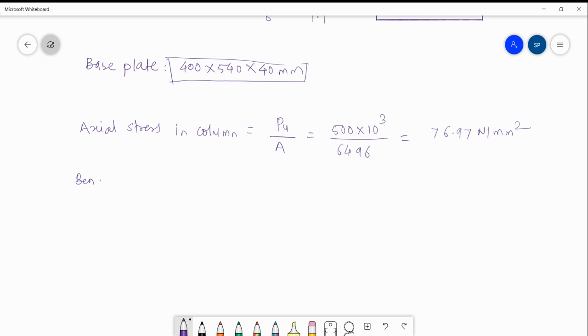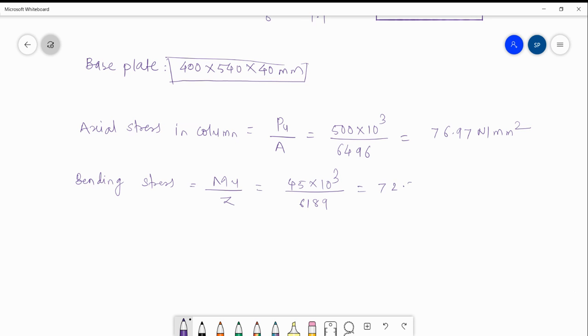Similarly, you have to calculate bending stress in column, which is equal to Mu divided by Z. So 45 into 10 raised to 6 divided by Z value, again you will be getting from steel table.